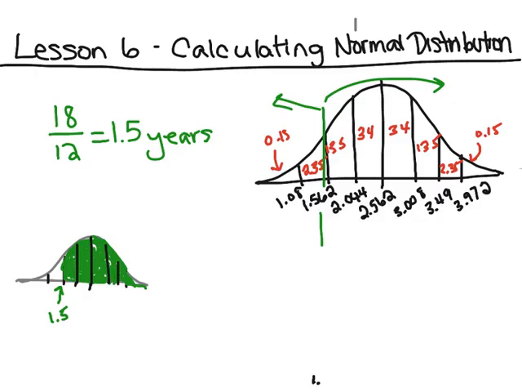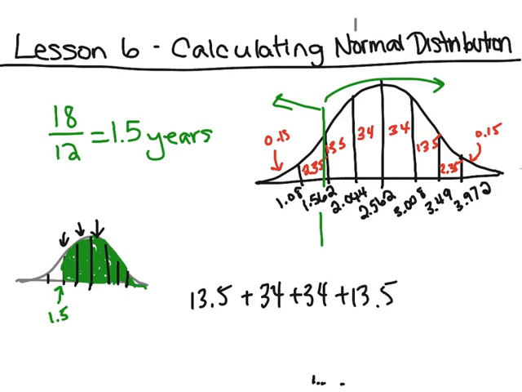There we go. So that means we need to add up the percents that are shaded. So we have 13.5 plus 34 plus 34 plus 13.5 plus 2.35 plus 0.15. That's all of the green shaded sections.